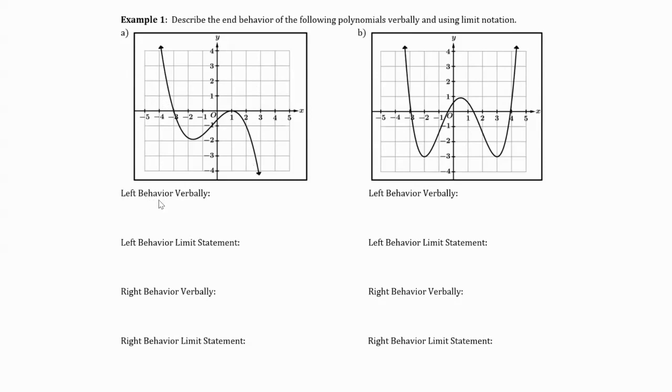So let's talk about the left. On the left-hand side, I see this arrow. So, as the x values decrease without bound, my y values are increasing without bound. Now I will go to the right-hand side. As the x values increase without bound, the y values decrease without bound. Let's look at how it's written.